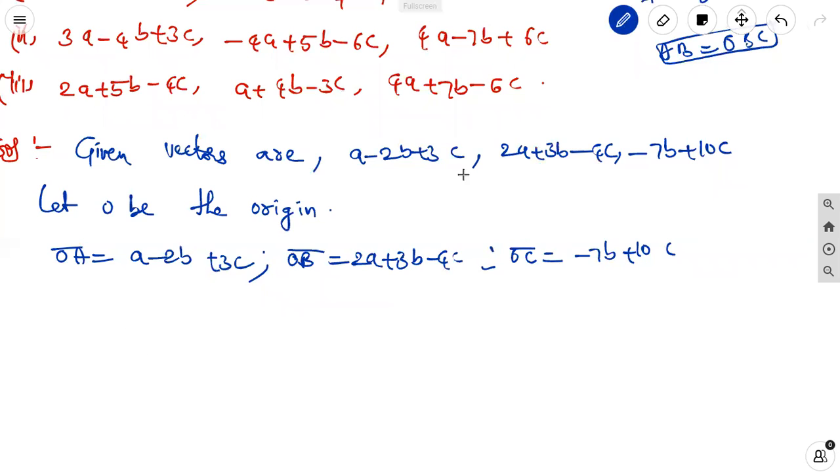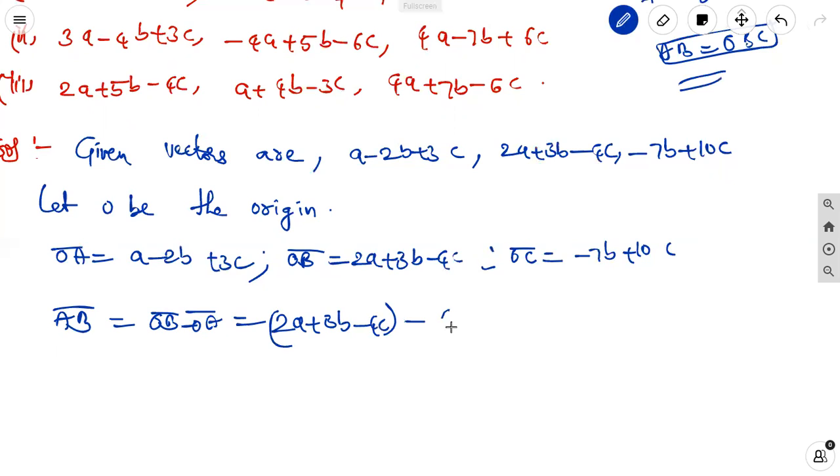Next, we check the relation of collinearity. First we find the AB vector, that is OB minus OA. It is equal to 2a plus 3b minus 4c minus (a minus 2b plus 3c), which is a plus 5b minus 7c.